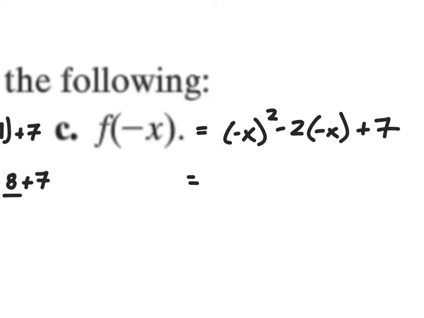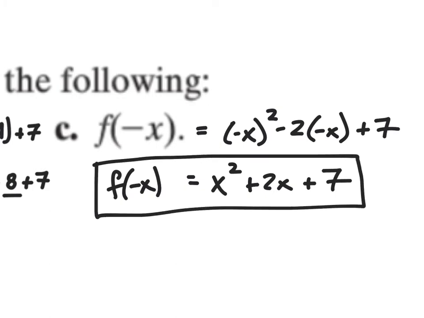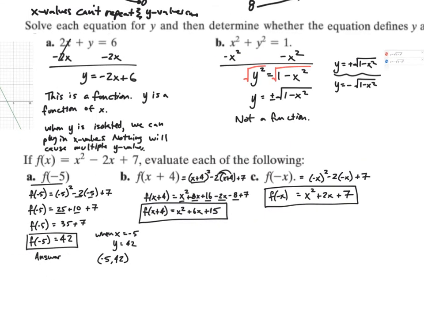Now when I take negative x and I square it, that's negative x times negative x. It's going to give me a positive x squared, so nothing really changes. Negative 2 times negative x gives me plus 2x and plus 7. So again, if I'm not plugging in a number, I'm just plugging in another expression, and then we get another function as a result, okay?